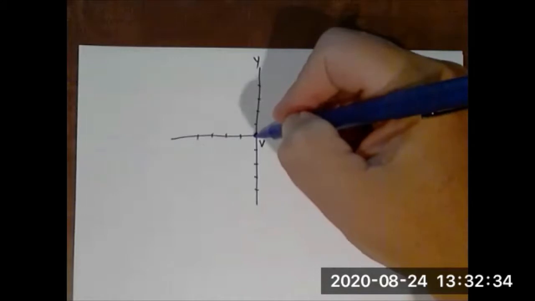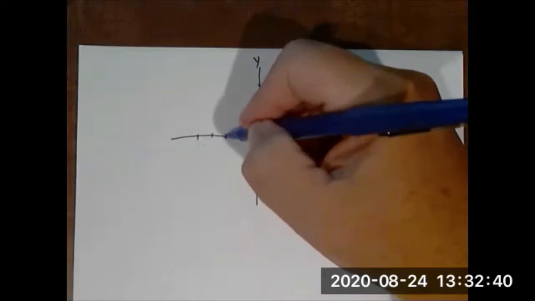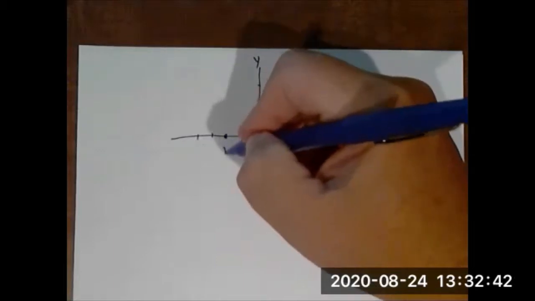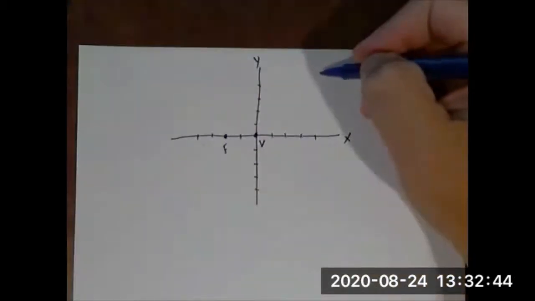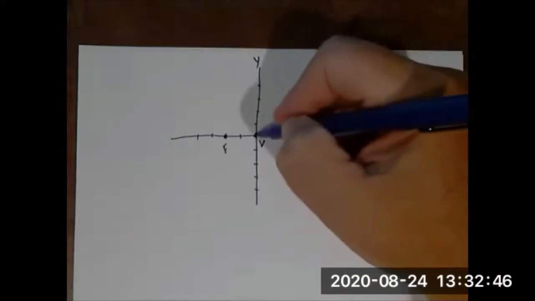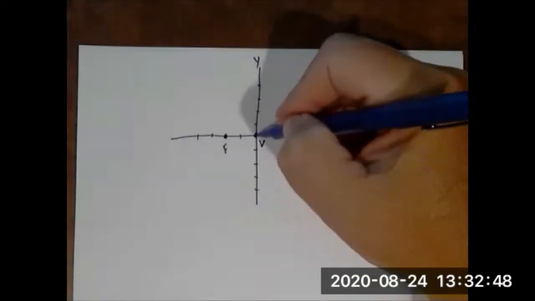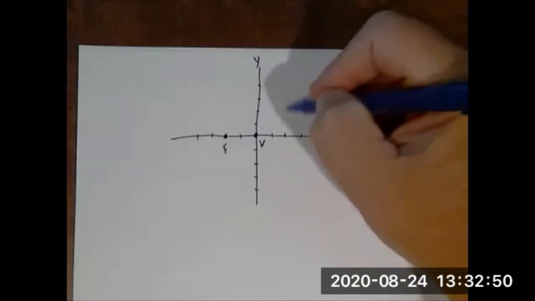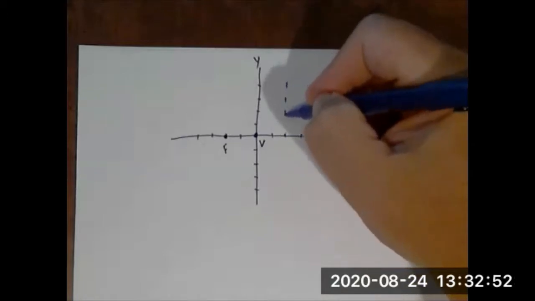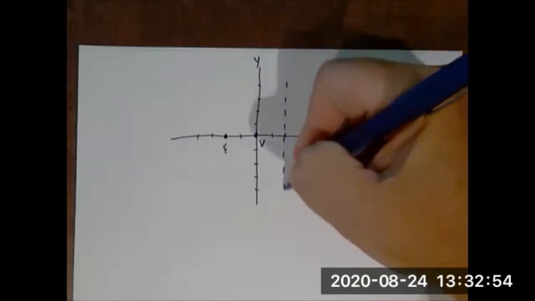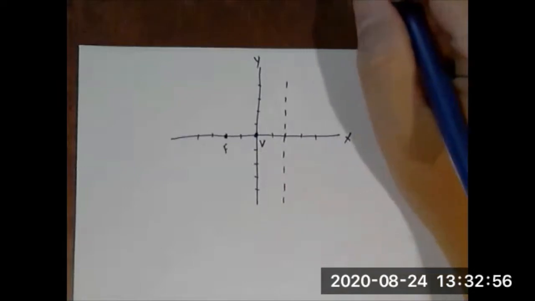From the vertex, I can move a distance in the negative x direction of 2. I know that has to be the focus. And then I move a distance p, which is 2, in the opposite direction. And I know that has to be the directrix.